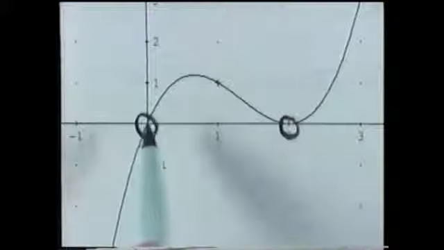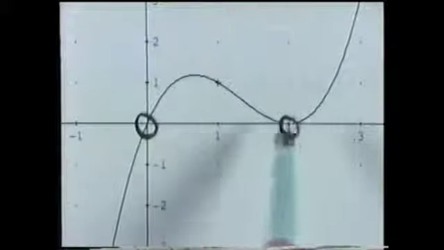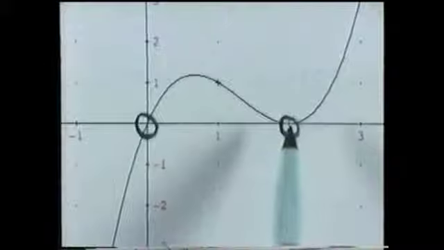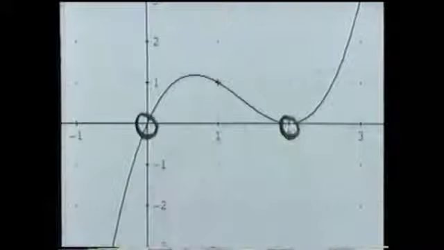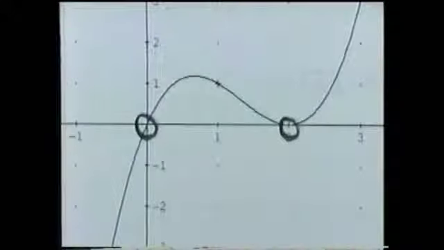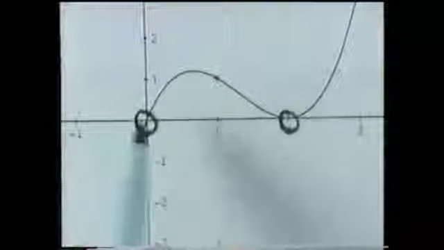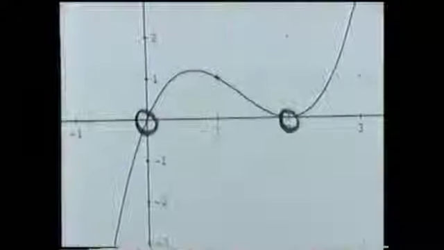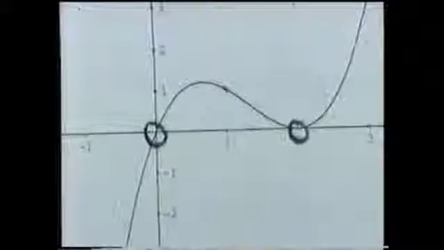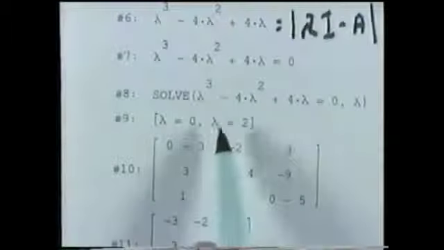I see that 0 is a single root, 2 is a repeated root. So 2 is a root of multiplicity 2. So that accounts for my expected 3 answers: 1, 2, 3. So note that lambda equal 2 is a root of multiplicity 2.